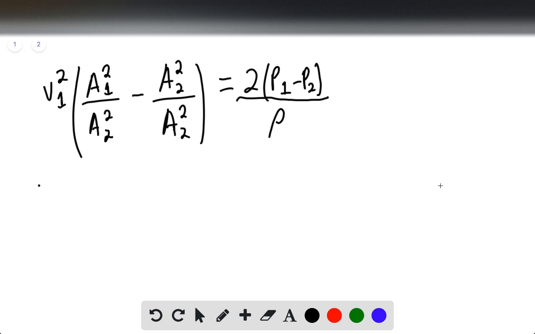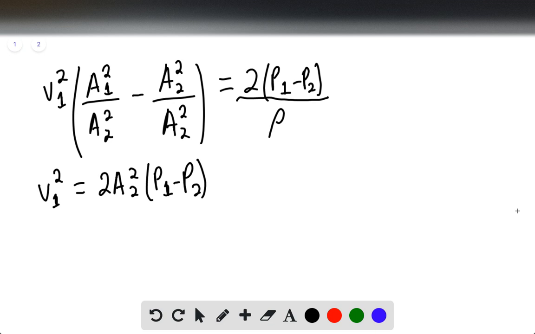So we can say that V sub 1 squared is going to be equal to 2 A sub 2 squared times P sub 1 minus P sub 2, all divided by rho times A sub 1 squared minus A sub 2 squared.